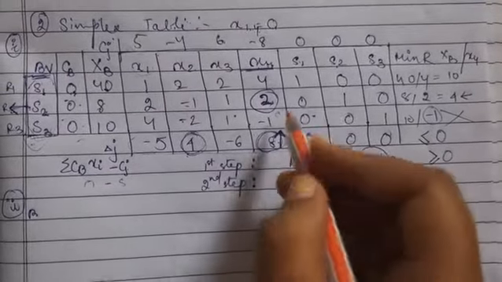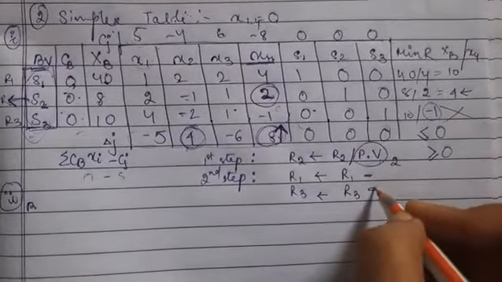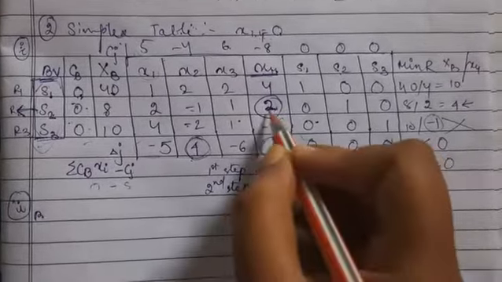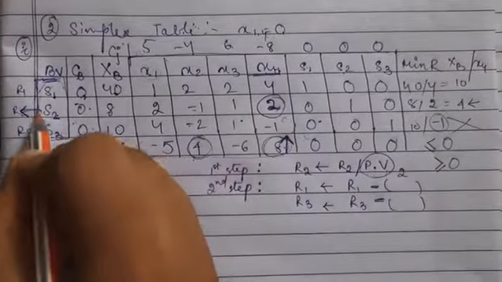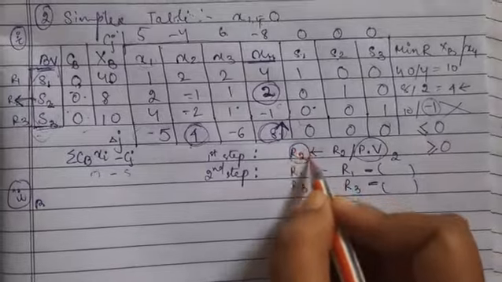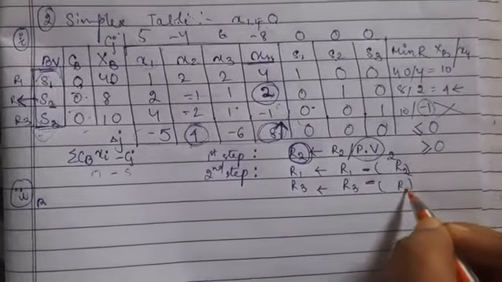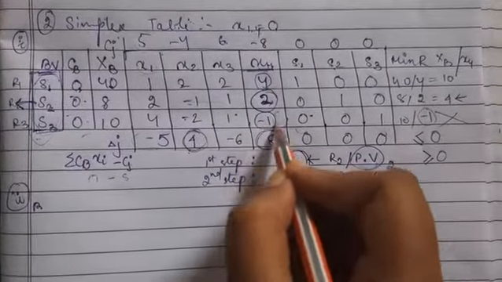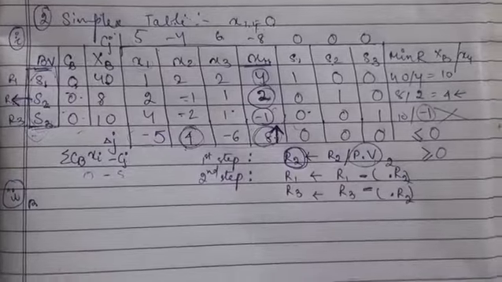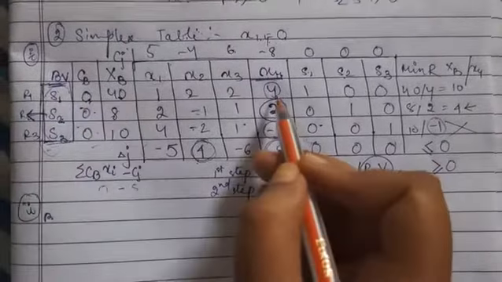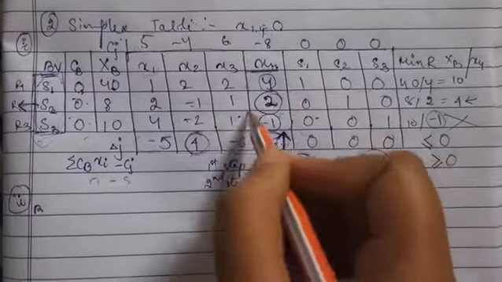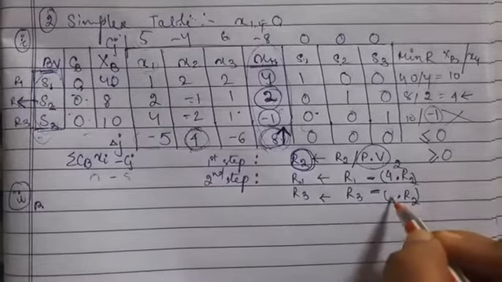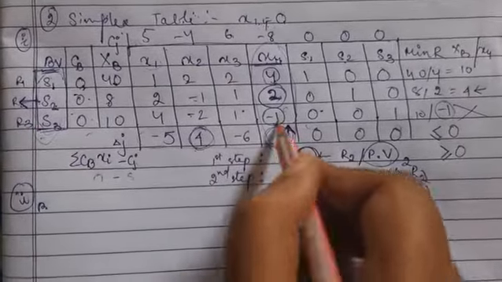Something will be subtracted from those rows. And what is that something? The new pivot row that we have formed, that is R2, multiplied with the respective coefficient in the pivot column. That is, for R1, the pivot column coefficient is 4 because this was our pivot column. So here 4, and here for R3 it is -1.